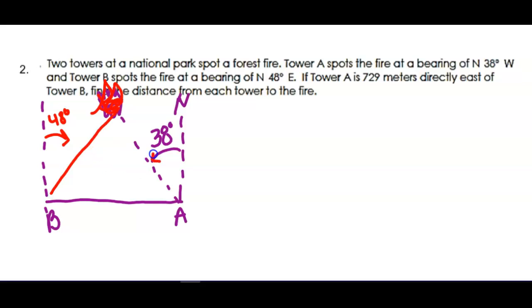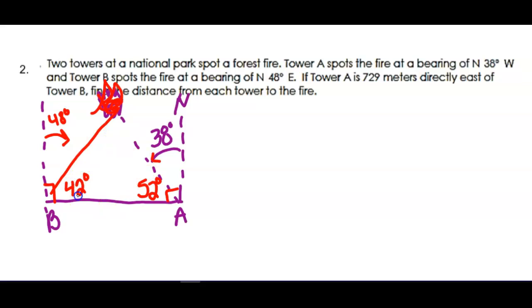All right. The issue is that these are both 90-degree angles here because this was an east-west line and this is a north-south line. So 90 minus 48 is 42. And 90 minus 38 is 52. Make sure I did those right. Okay.